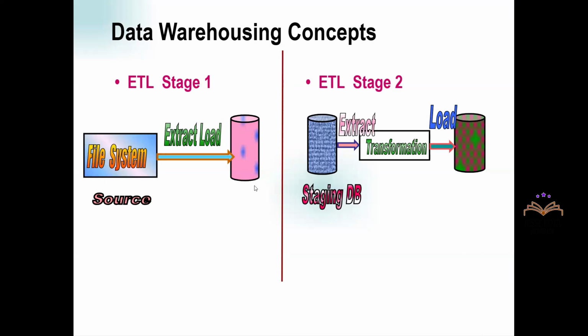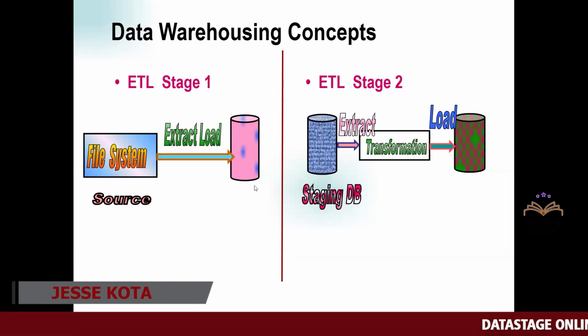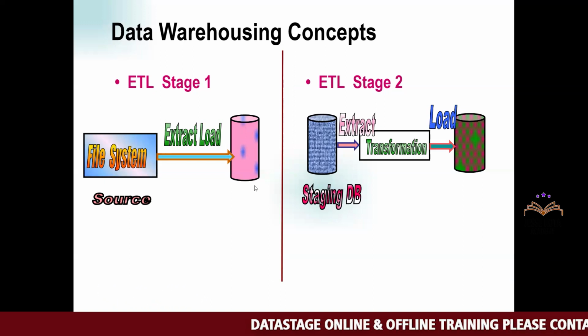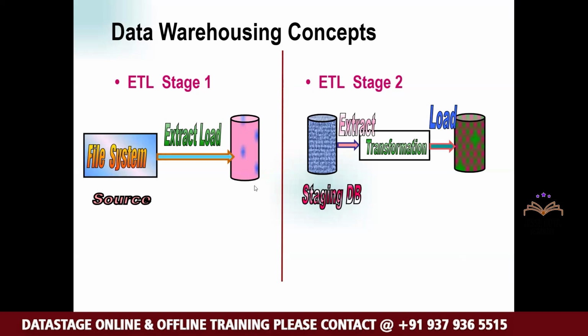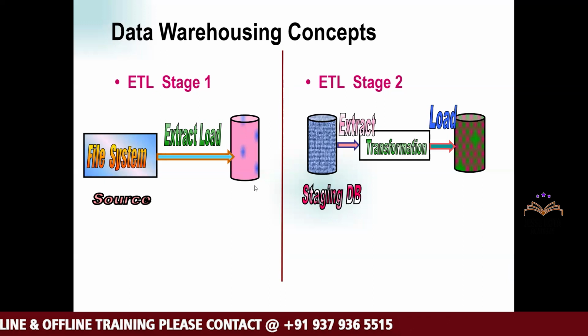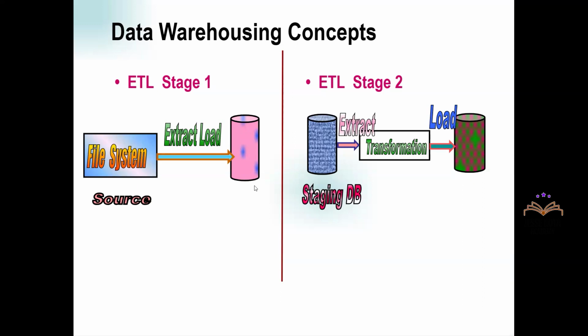If I want to implement an SCD type, I have to compare the data already existing in the system and load the data into another temporary file or table. After comparison, that is considered as the input. The comparison itself will separate the insert records and update records. Then the next step is we update the data, and then we insert the data. So this is the process that we are going to follow.